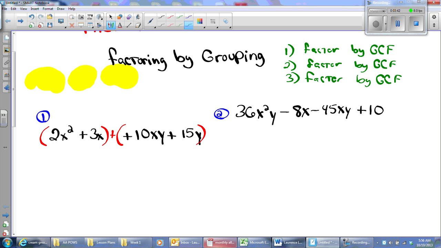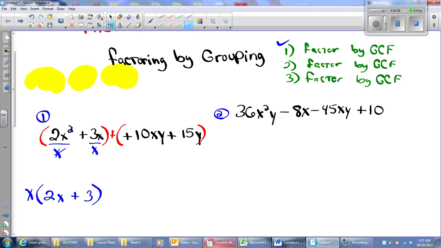I am going to divide both terms by the GCF, and that'll cause this GCF to go out front, right? I'm like undistributing it. Yeah, I'm factoring by the GCF. Okay, so 2x squared divided by x is going to get me 2x. And then 3x divided by x will get me a 3.